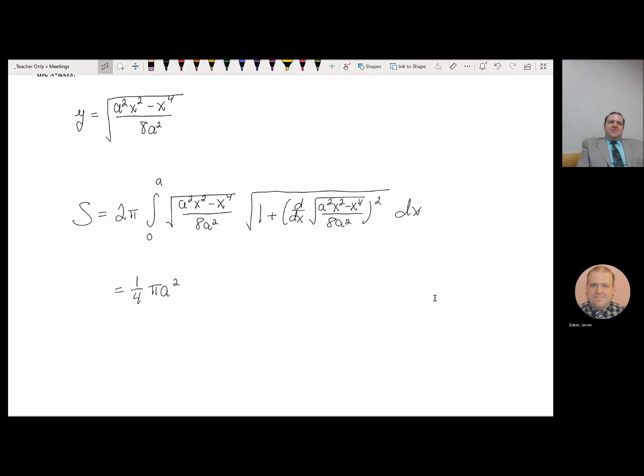Questions? Arc length and surface area. We will be revisiting arc length and surface area when we study parametric equations. And that'll be revisited again in, I don't know about surface area, but arc length will be revisited again in Calc 3.